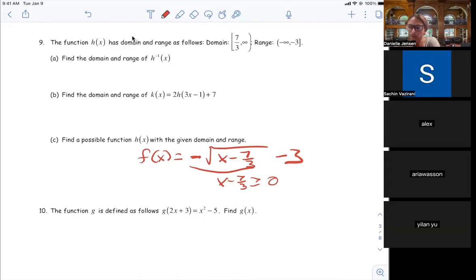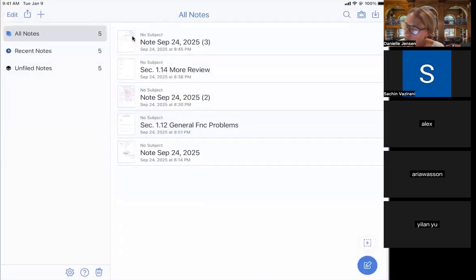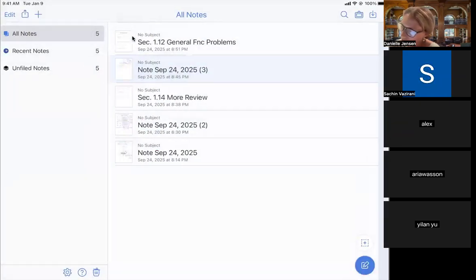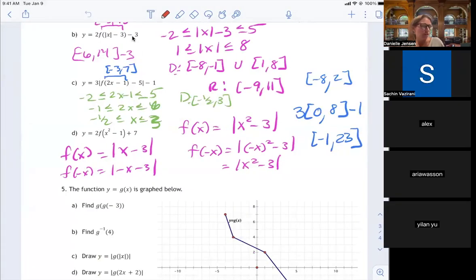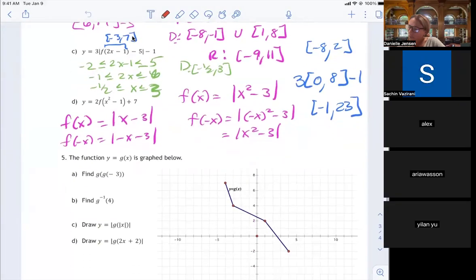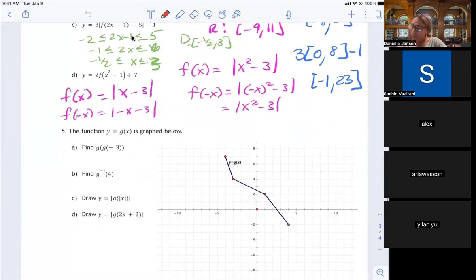Let me jump back to 1.14 to answer the few questions that were there. 5b. Oh yeah, okay, so here's a graph of g of x.